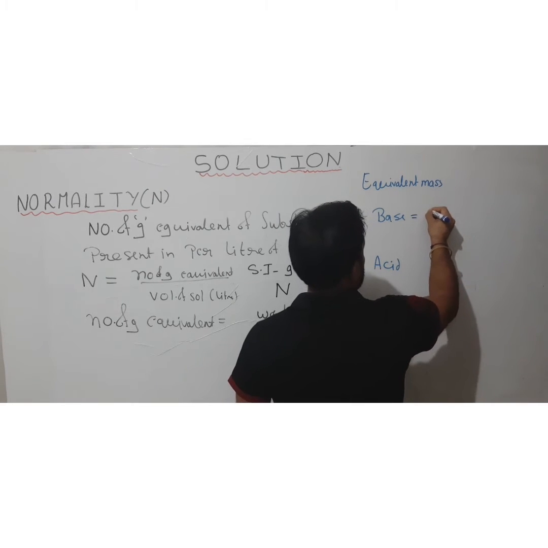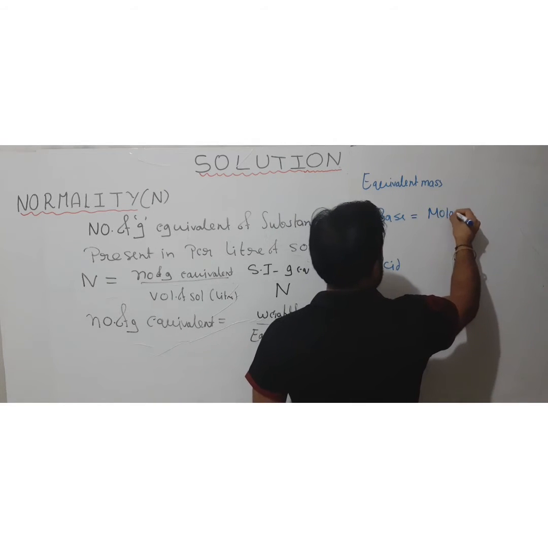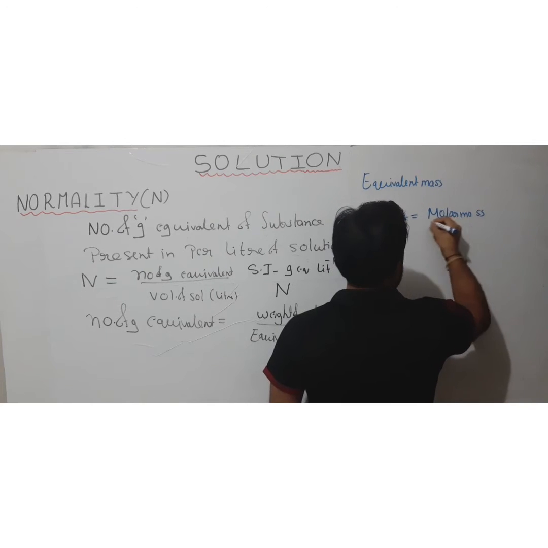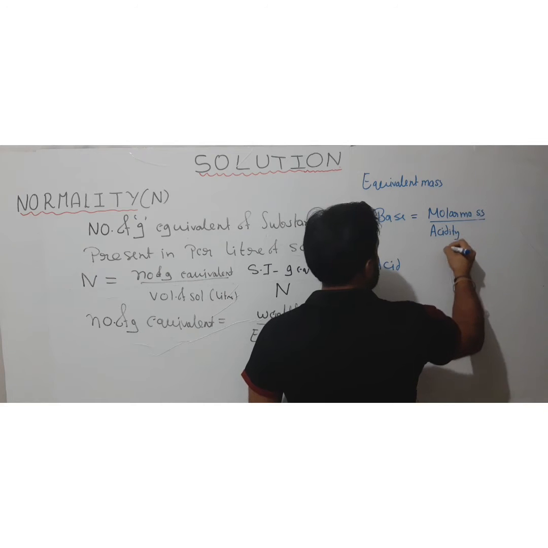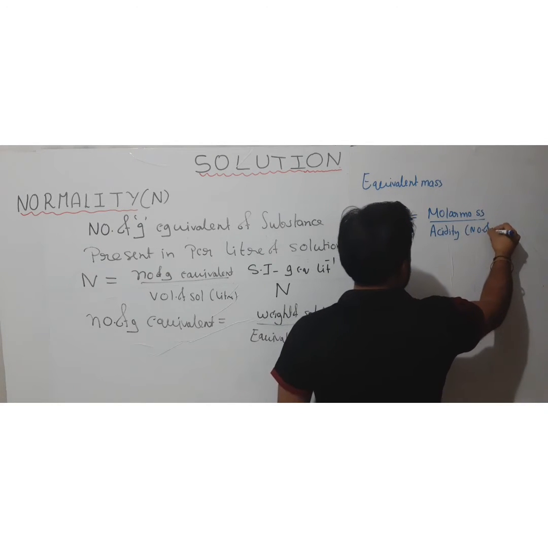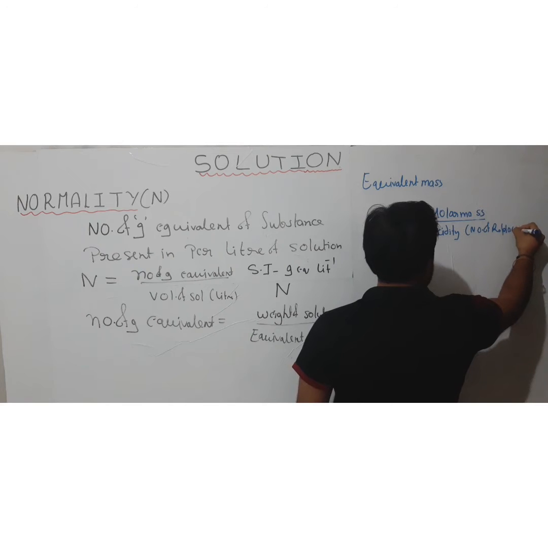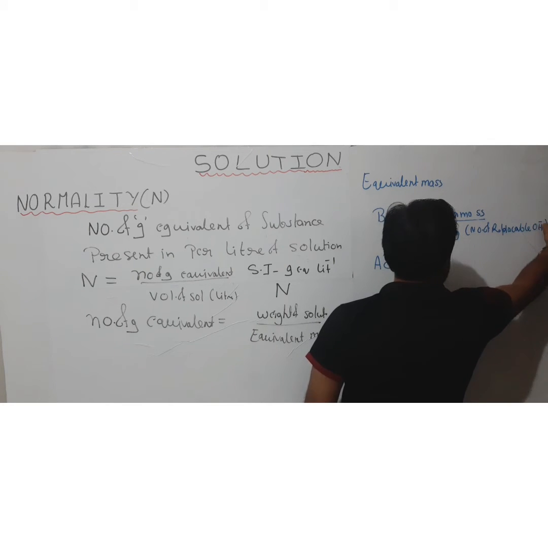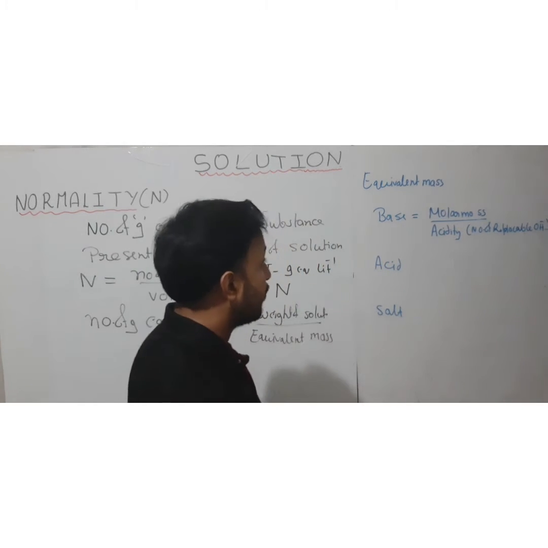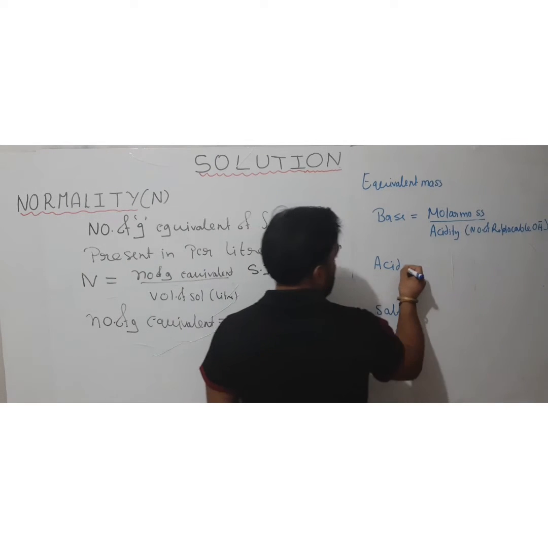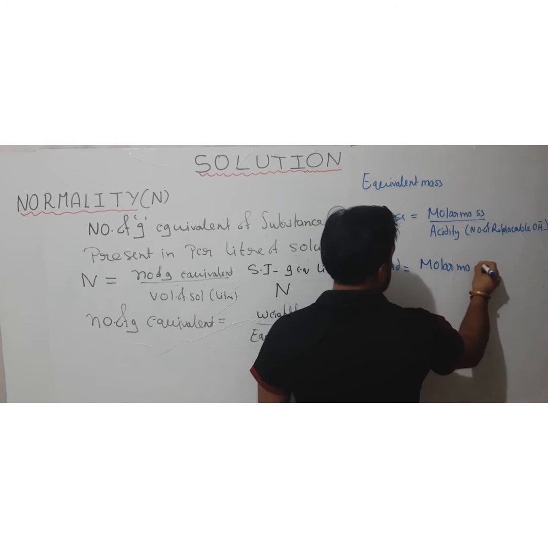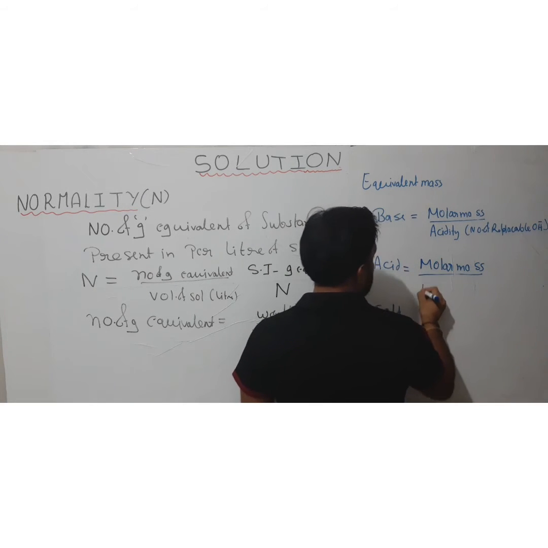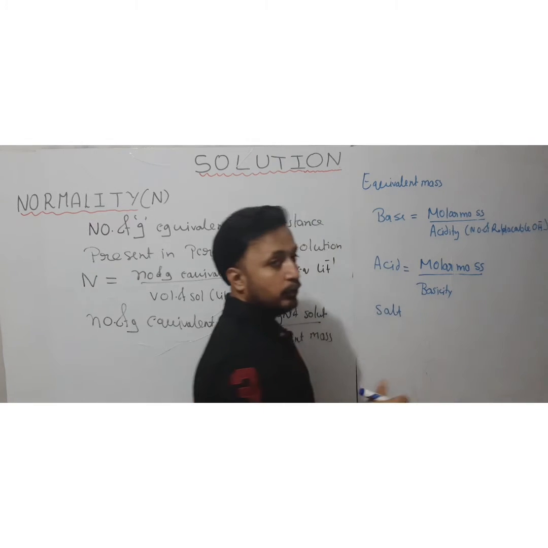For the base, it will be the molar mass of the substance divided by its acidity. Acidity means the number of replaceable OH negative ion, that is hydroxide ion or hydroxyl ion. In case of acid, it will be the molar mass of the substance divided by its basicity. For acid we use basicity, for base we use acidity.